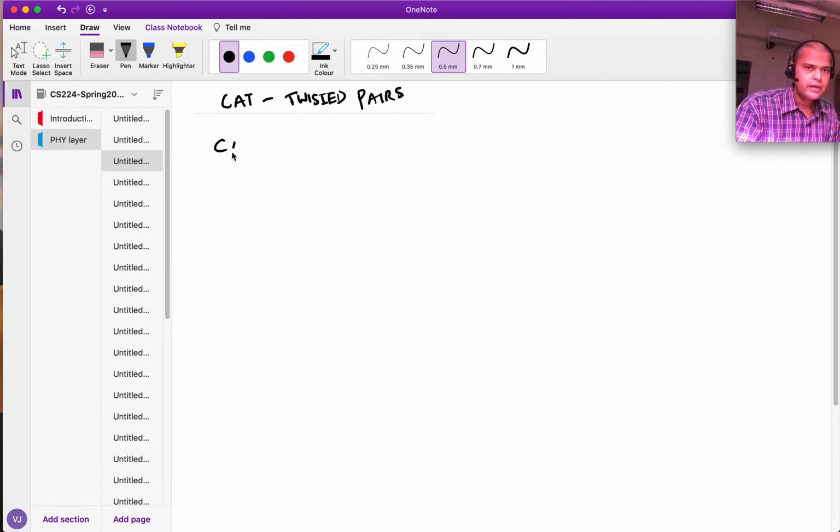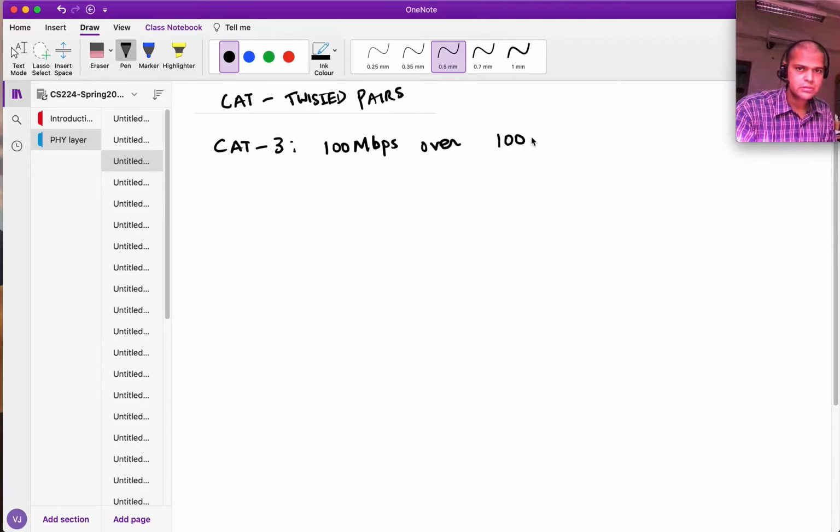So you have a Cat 3 cable, and this can be used to transmit 10 megabit per second over a particular distance, over 100 meters. So obviously the longer the wire you have, the more attenuation you can expect.